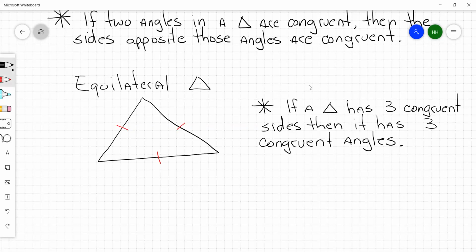So if you see a triangle and all the side lengths are the same, then all these angle measures are congruent to each other.